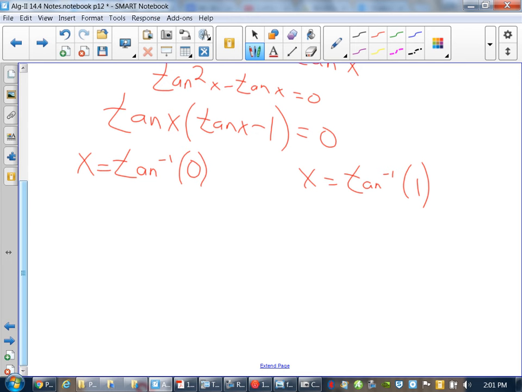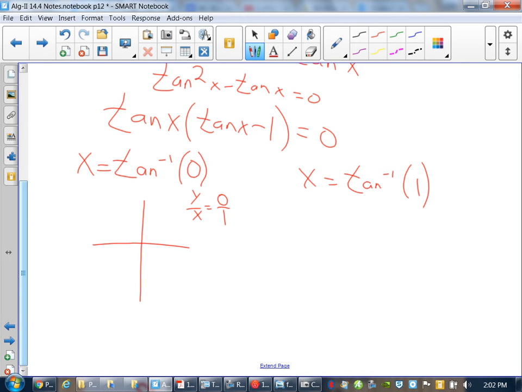Well, tangent being 0 means it had to be 0 in the numerator and 1 in the denominator. Remember, tangent is opposite over adjacent, so it's y over x. That means that y has to be 0 and x has to be 1 when you're placing it upon the unit circle. Where is y 0 when x is 1?